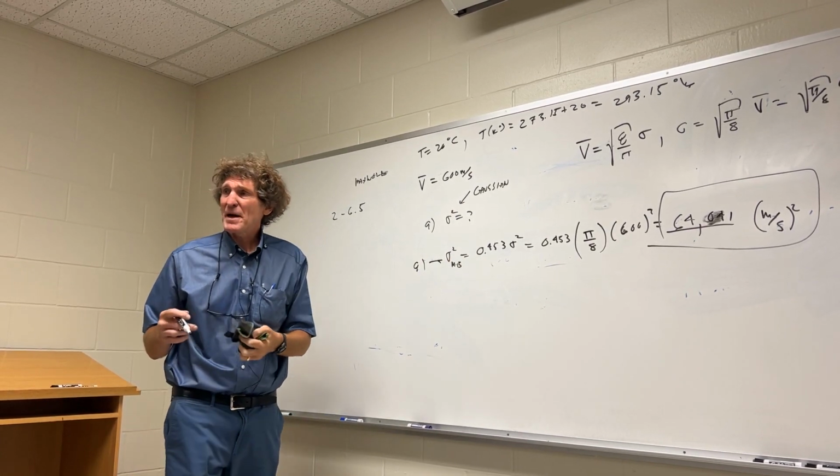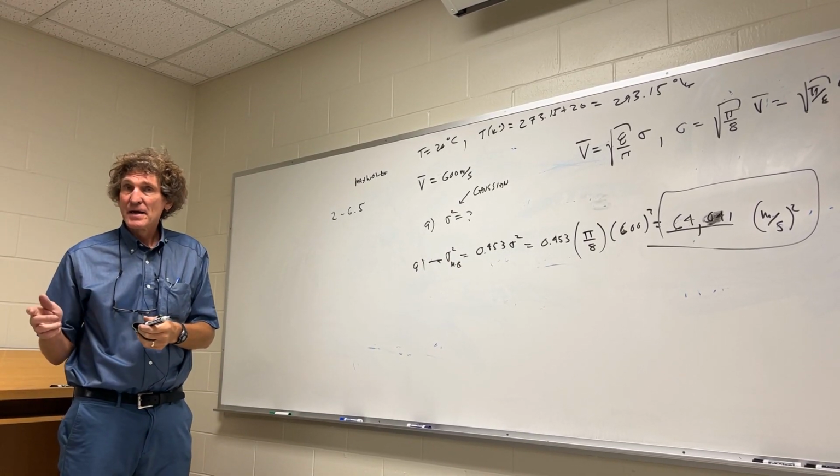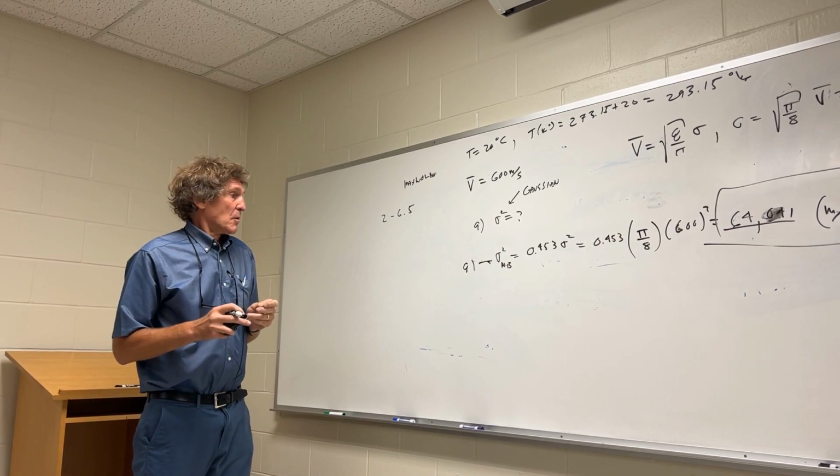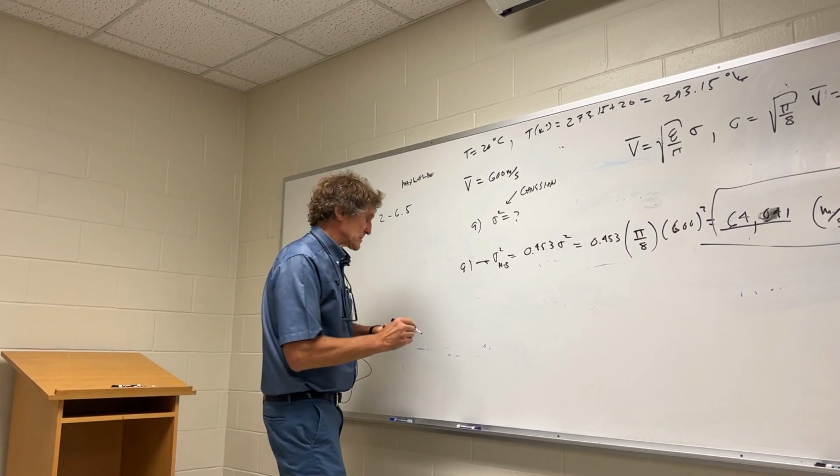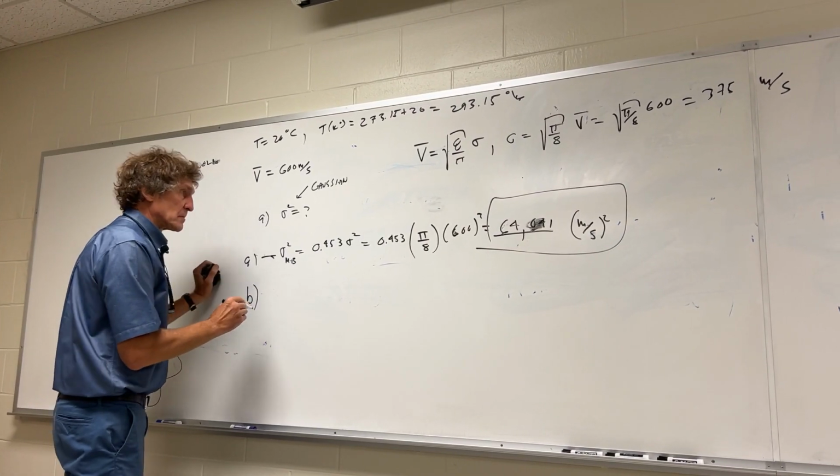But I'm not going to do that. It's a pain in the butt integration if you do it by hand. What's part B? Part B is find the mean value of the speed.